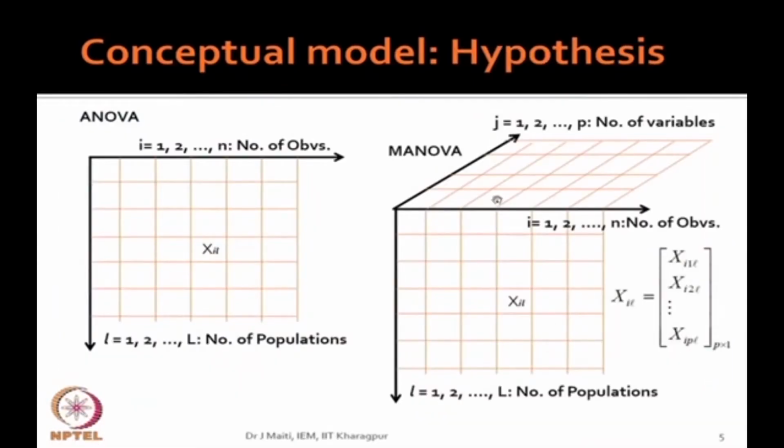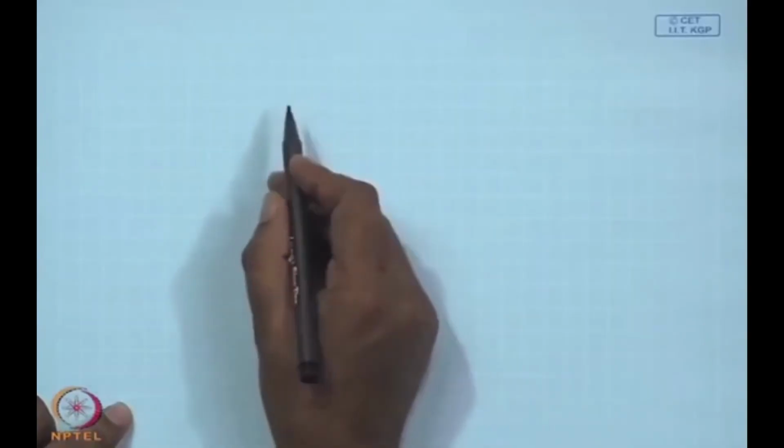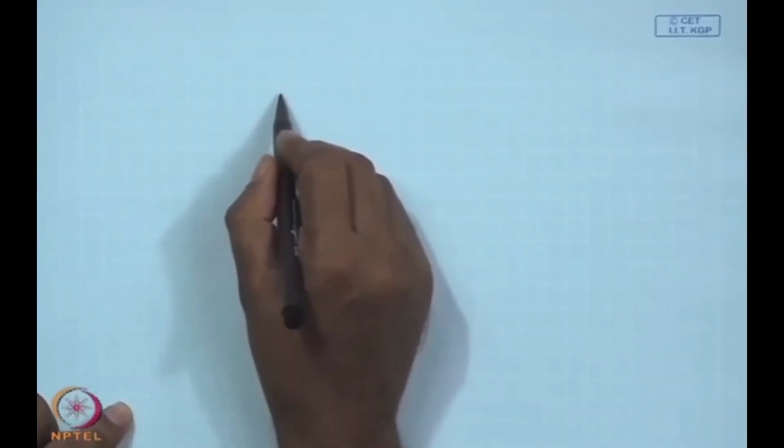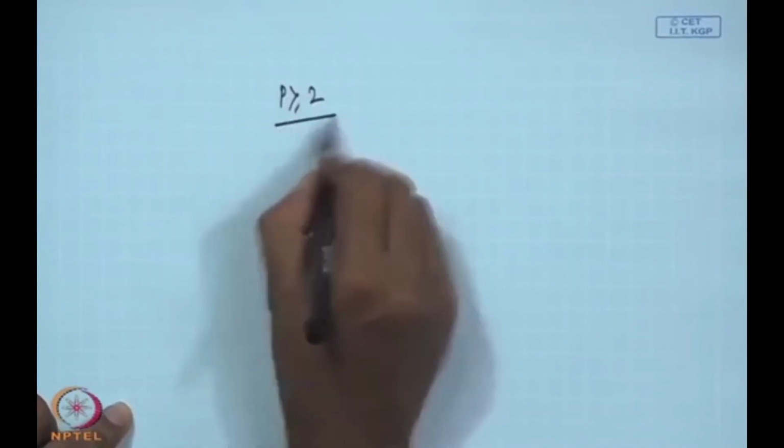So, we require certain notations to fully understand the application of ANOVA as well as MANOVA, because in case of MANOVA one more dimension is added, as the number of variables will be greater than or equal to 2. So, p will be greater than or equal to 2.